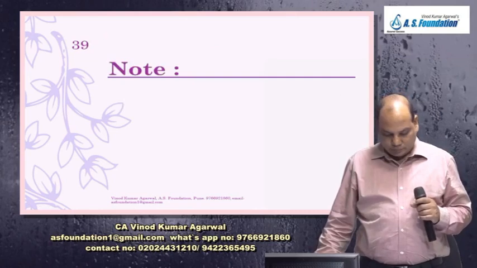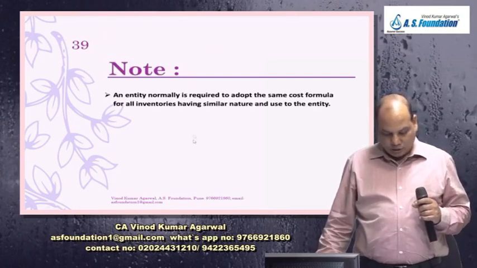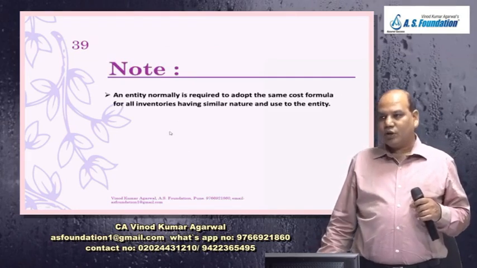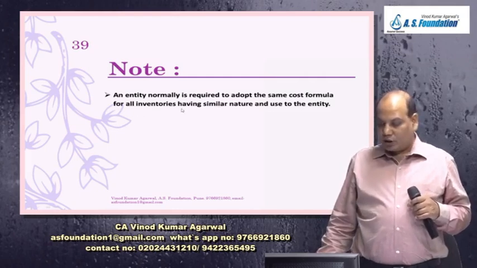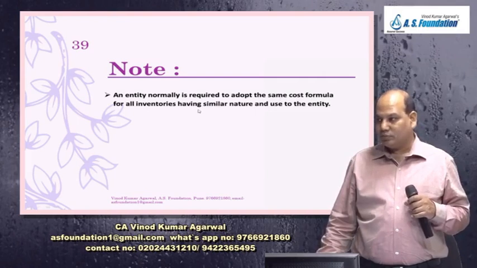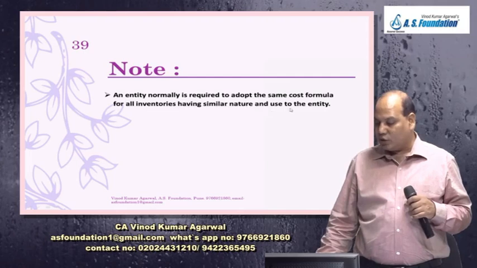Noted? Okay. Now, the standard also gives you some instruction. An entity normally is required to adopt the same cost formula for all inventories having a similar nature and use to the entity.